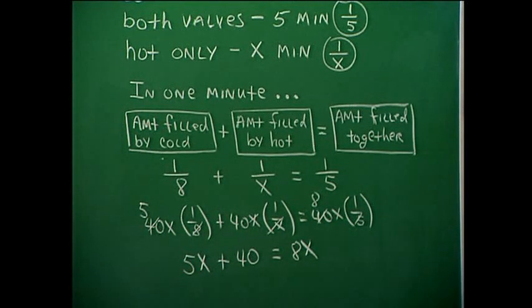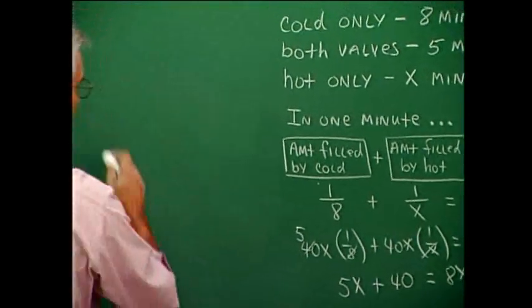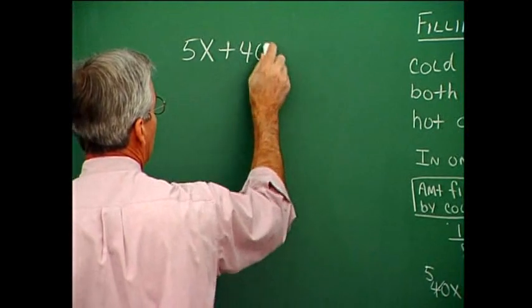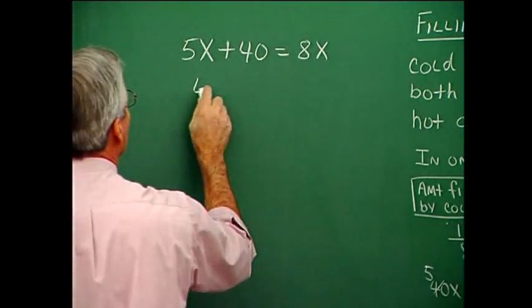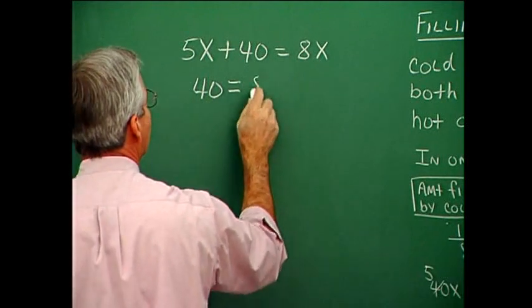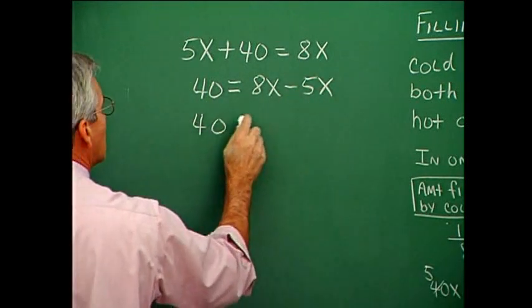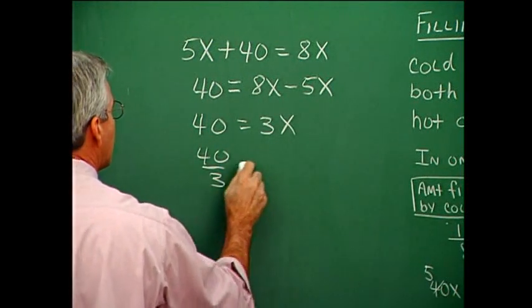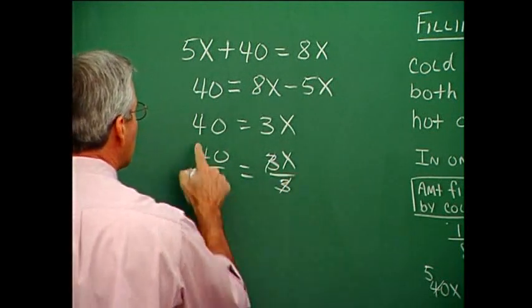I'm going to come out here to the left and just repeat what we have here. It's a fairly trivial situation, and all of the tough part of the problem is done. So if I subtract 5X on both sides, I get this. So 40 is equal to 3X, and dividing on both sides by 3, I find X to be 40 over 3.